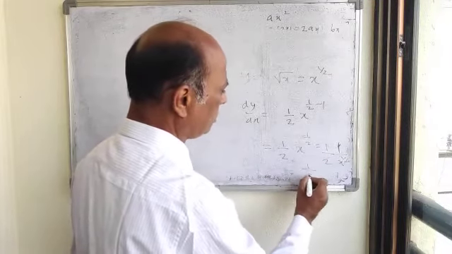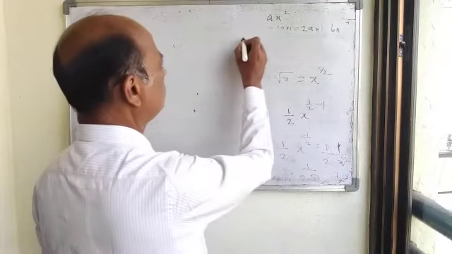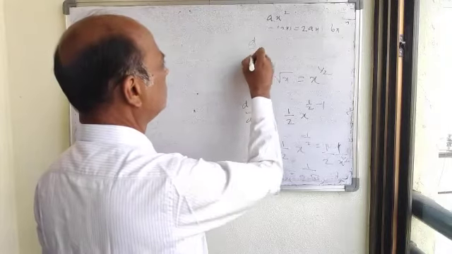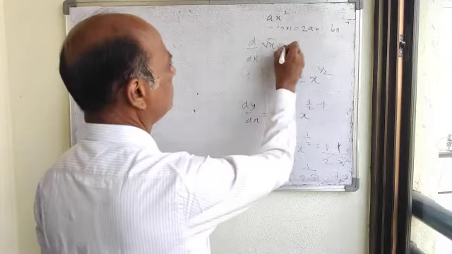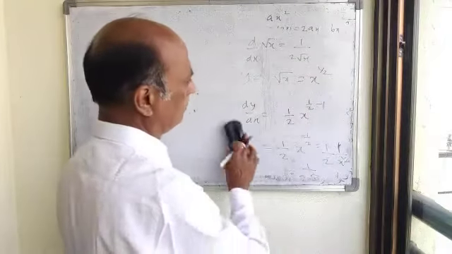So that is 1 upon 2 root x. So you may use this as a formula, that is d by dx of root x is 1 upon 2 root x. You can use this at every step.